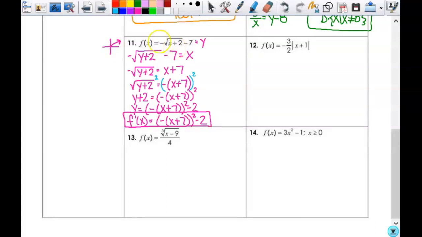We would take this function, and this is going to reflect it in the x-axis, so it's going to have this type of look if I just reflect it. And then after I reflect it, it's going to shift to the left 2 and down 7, and then it has this kind of curve on it, like so. That does not look super accurate, so let me try that one more time.